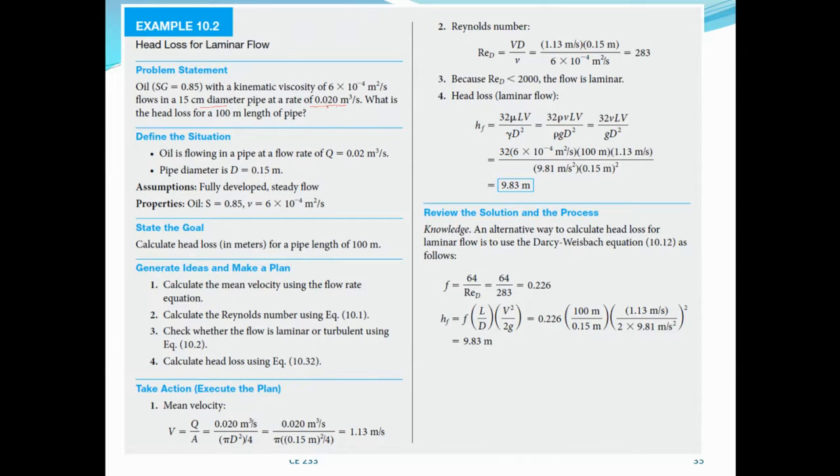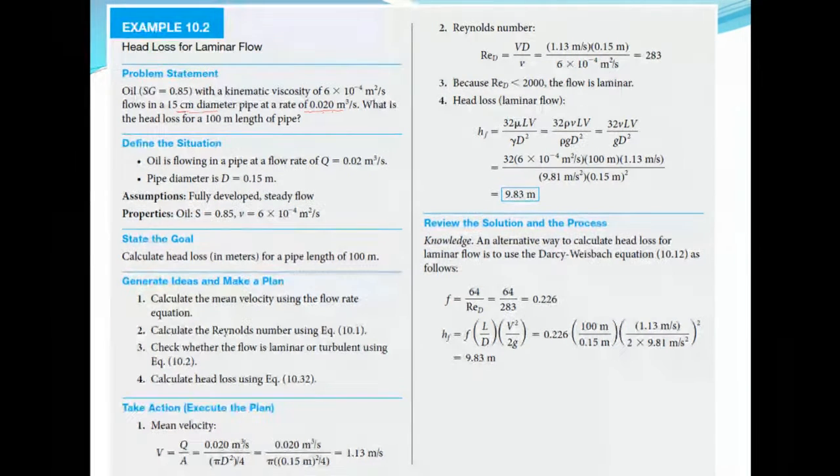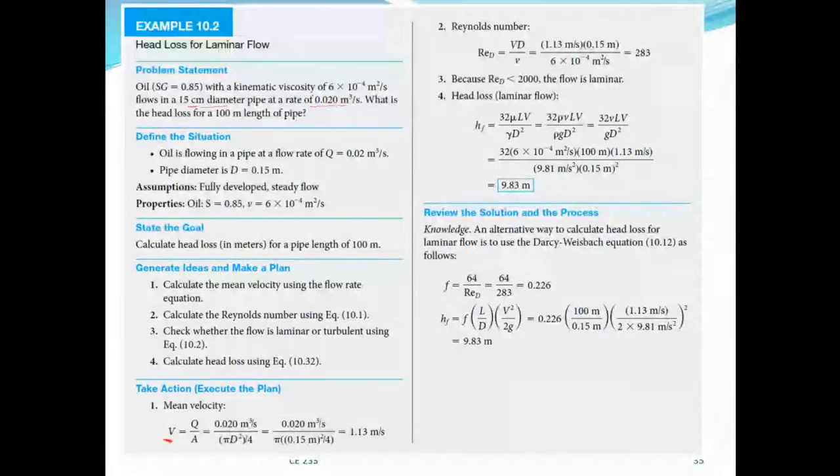We are given the flow rate and the size of the pipe, so we can find the velocity of flow, which is Q over A. And with the velocity, we can find the Reynolds number to know whether it's laminar or turbulent. So we find the Reynolds number, V d over nu, from the velocity. It is 283, meaning, because it is less than 2000, the flow is laminar.